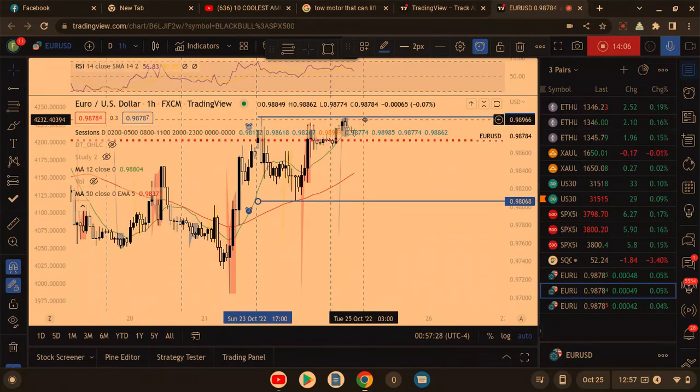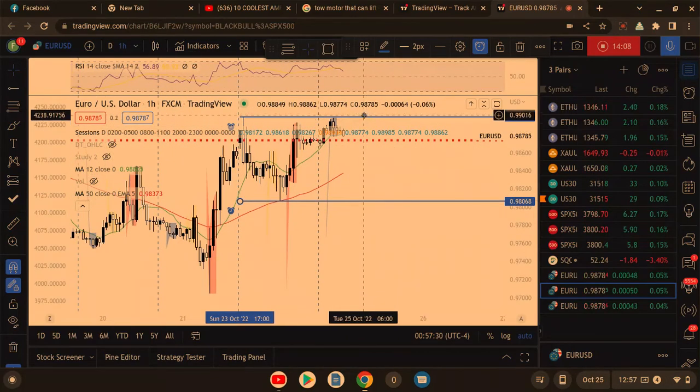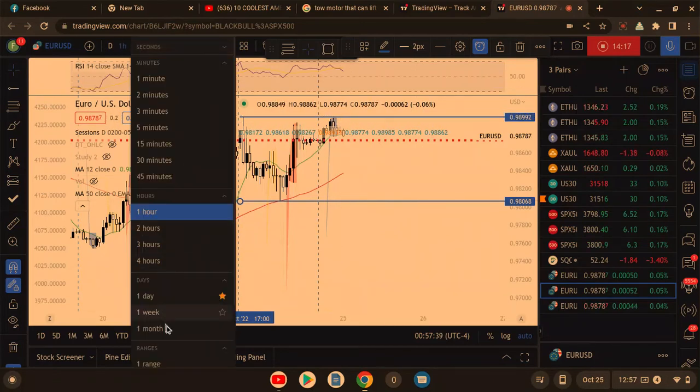All right, now we have alerts. So this can happen at those session times, and it could possibly retest again during the New York session. But now we have highs and lows that we can go off of.